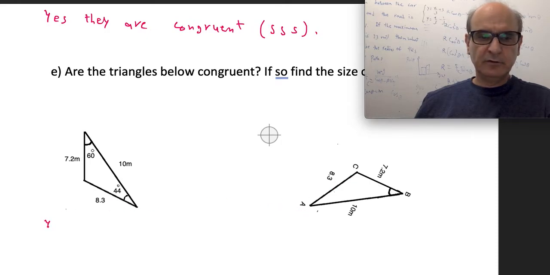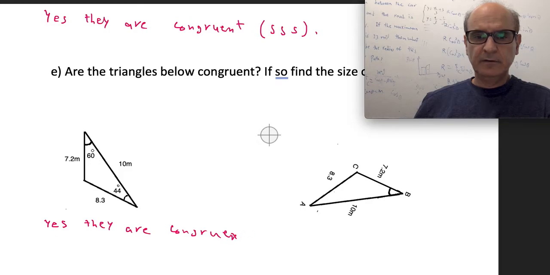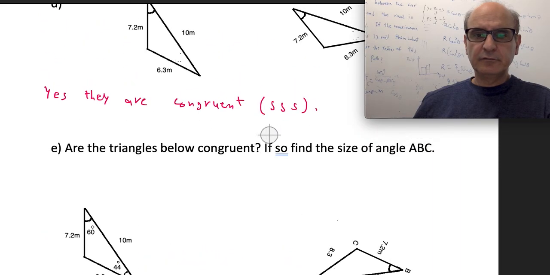Yes, they are congruent because we have three pairs of equal sides. Why? Because we have side, side, side. Three sides are equal. Okay, now they are asking also for something else.